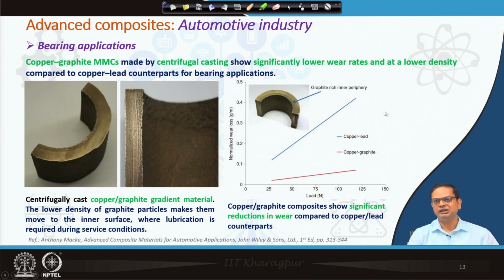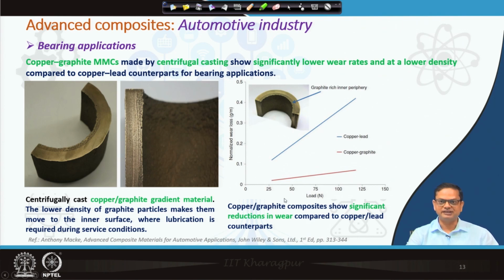You can see here the wear loss has been compared. This blue line is actually for conventional copper lead bearing, okay. And then you can see here obviously with load the wear loss is increasing, but if you compare that with this copper graphite, you can see in case of copper graphite the wear loss is quite low compared to the copper lead system.